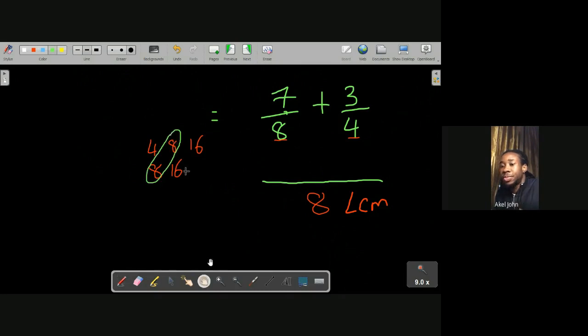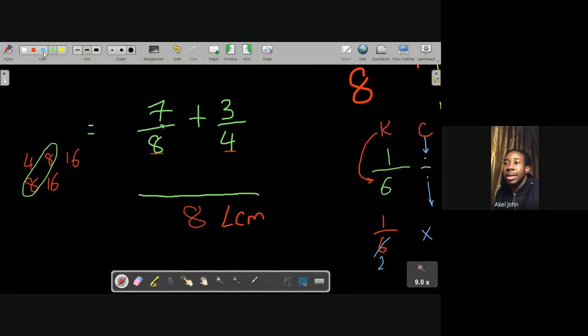So now it's 8. How many times can the denominator of the left fraction go into the new LCM? 8 can go into 8 once, and that would be 1 times 7, which is 7. You respect the sign, so you bring it back down. And you're doing the same thing over on this side.